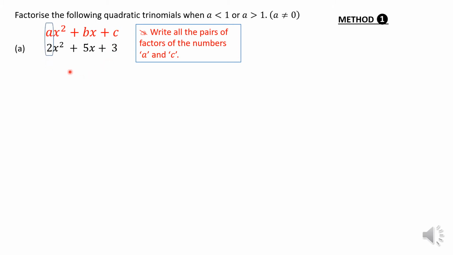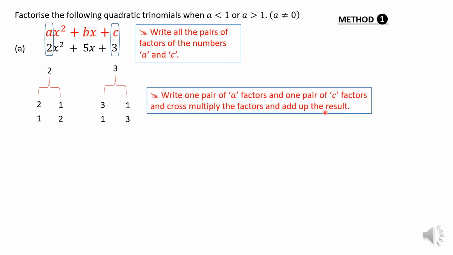So if I take the factors of a, the numbers that go into 2, obviously it's 2 times 1 or 1 times 2, so these are the factors of a, and the factors of 3, or our c, is also just 3 and 1, 1 and 3. These are the numbers that go in there. Okay, so this is one way to do it.